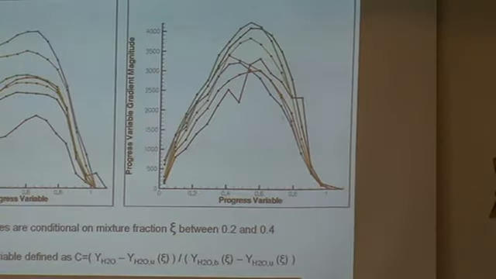So doing all this in a statistical way and averaging conditionally on mixture fraction, for the progress variable, you can ask, I mean, this is a non-premixed flame, how do you find the progress variable? It's not automatically given. So we used this formula, thinking that the product water is conditional on this.